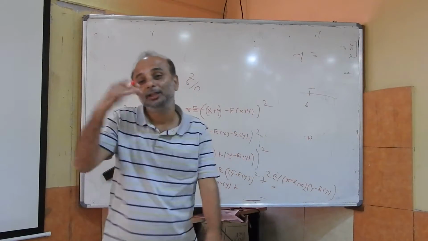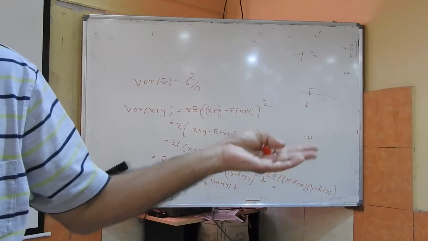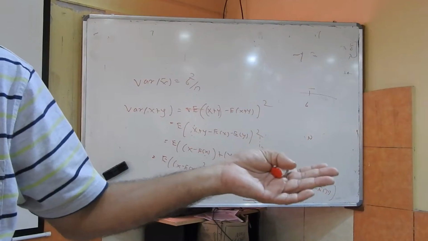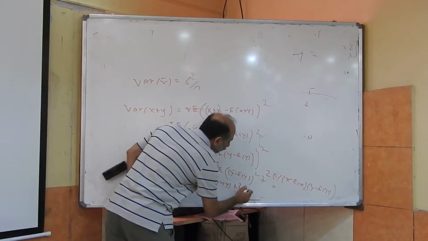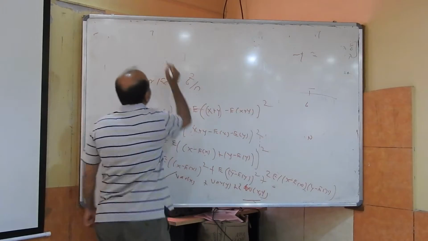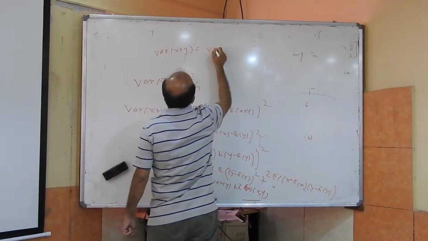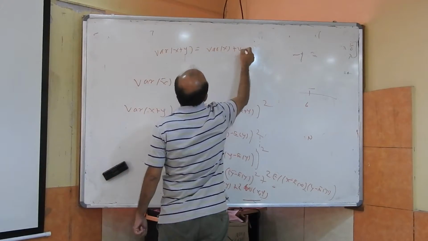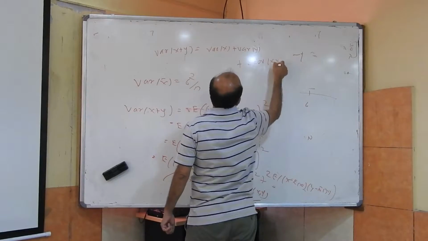Expectation of (x minus expectation x)(y minus expectation y), the covariance of x and y. So plus 2 covariance of x and y. So what we have just argued is that variance of x plus y is equal to variance of x plus variance of y plus 2 covariance of x and y.